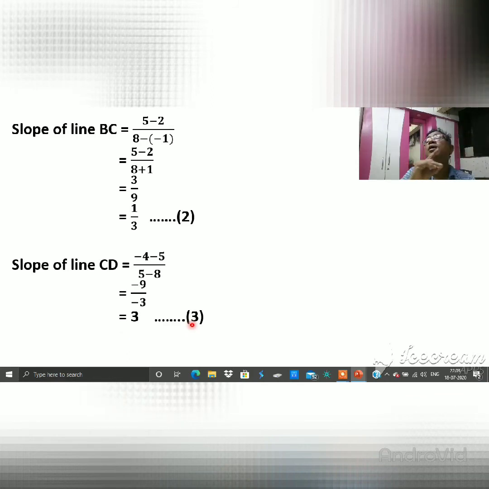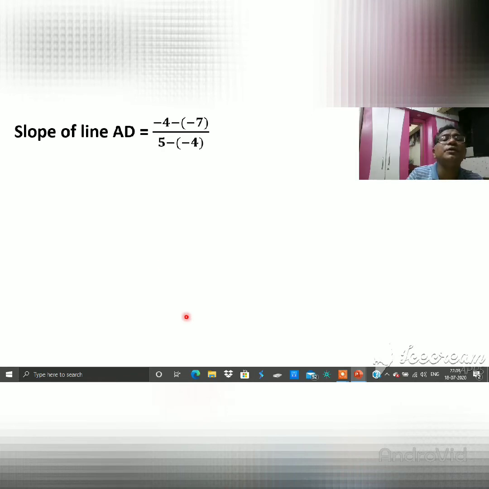So equation number 1 is 3 and equation number 3 is also 3. Now I want to find the slope of AD. So the slope of line AD is equal to y2, which is minus 4, minus y1, which is minus 7, divided by x2, which is 5, minus x1, which is minus 4. Out of the bracket there is a negative sign, so minus 7 becomes plus 7, and minus 4 becomes plus 4.